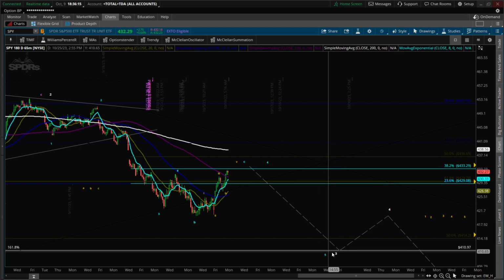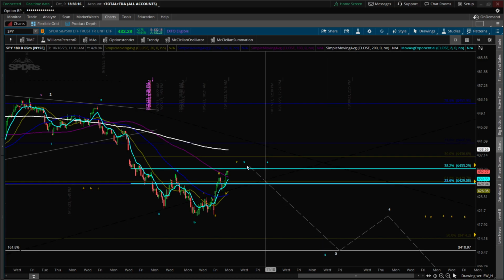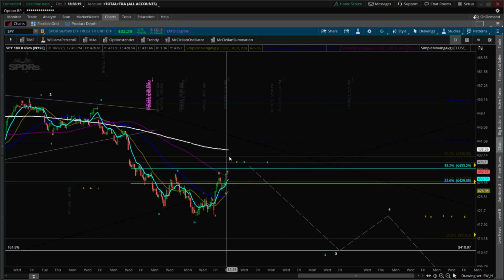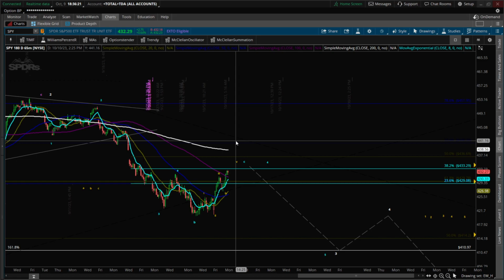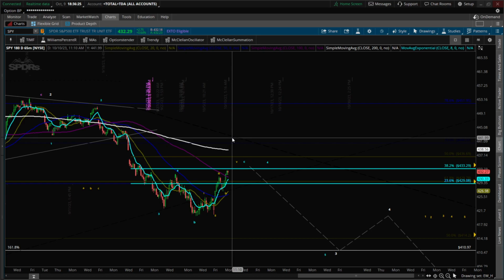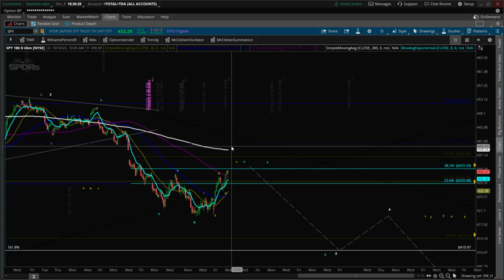So that fits our scenario very, very nicely. But we do have to get that reversal. Something else could happen if we go deeper than expected. Then we're actually getting much more bearish at that point.